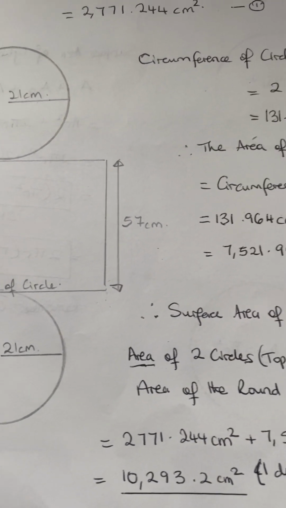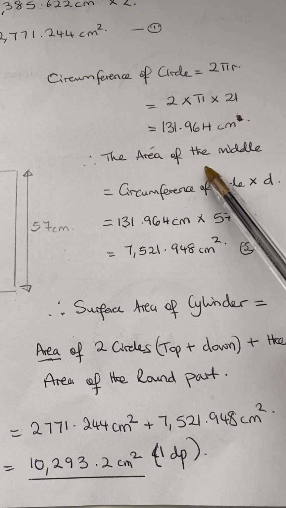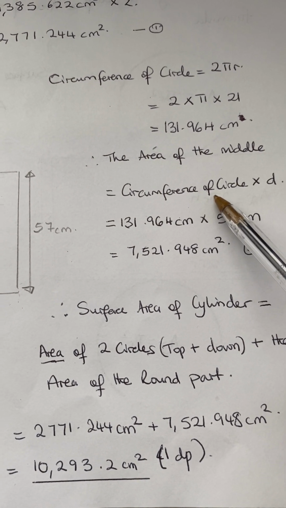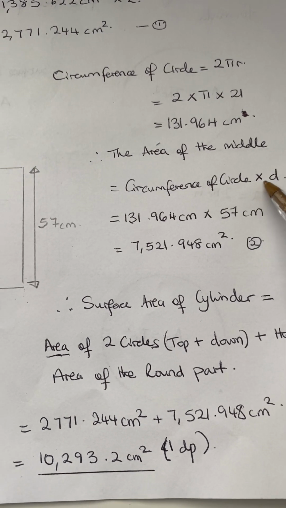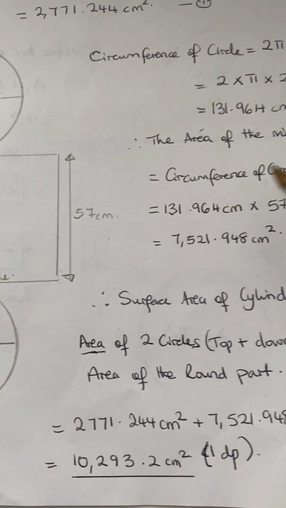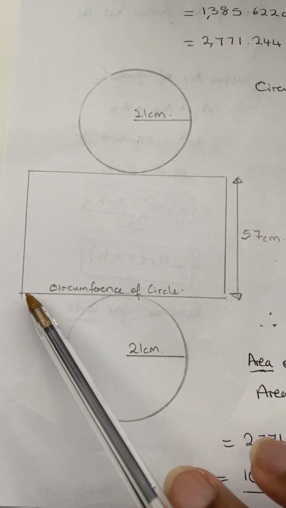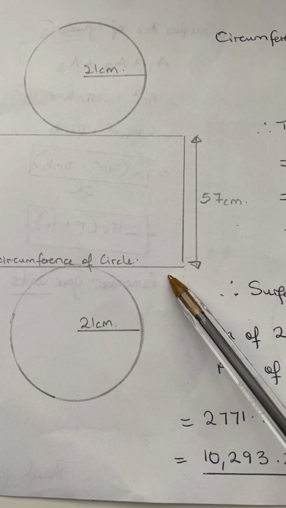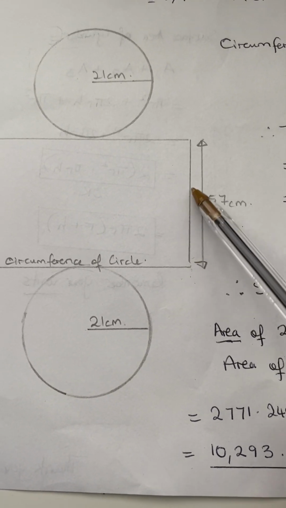Now what will be the surface area of the middle part? The circumference times d gives the surface area. Remember, if we find the circumference, we need to multiply by the distance.